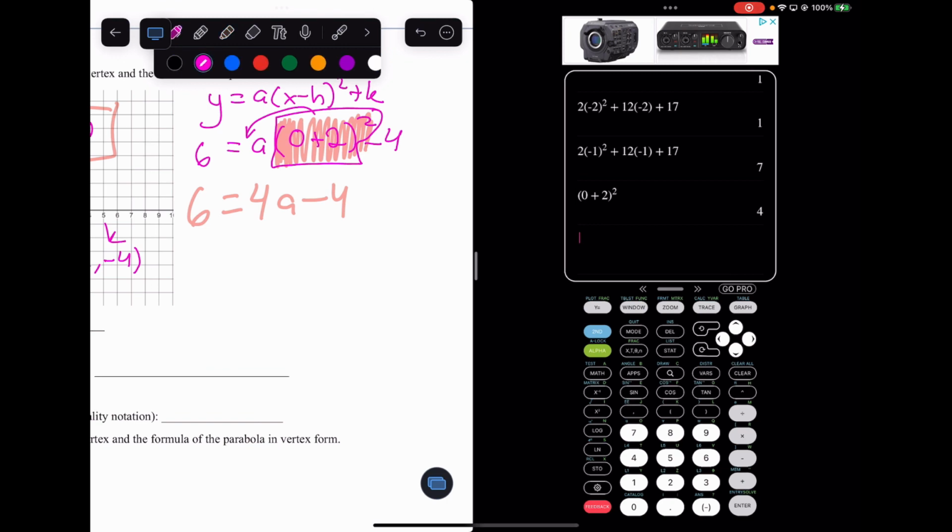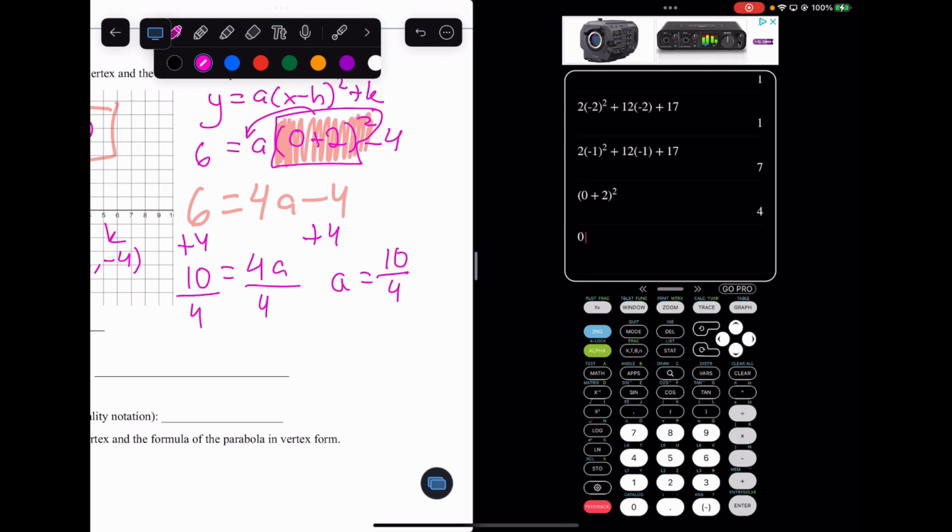Now we need to solve for a. We're going to add 4 to both sides. We get 10 equals 4a, divided by 4 on both sides. So we get that a is equal to 10/4. We have 2 options here: we could reduce the fraction, or get a decimal if it's a terminating decimal.